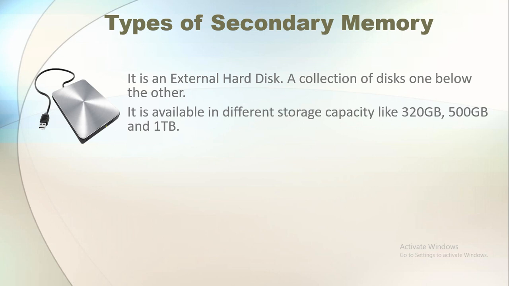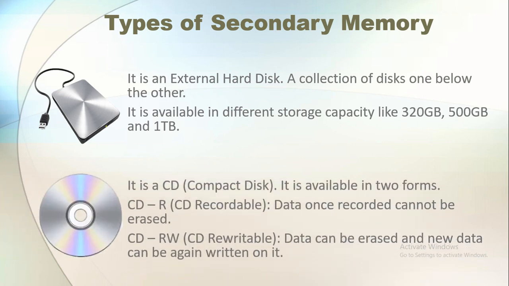It is available in different storage capacity like 320 GB, 500 GB, 1 TB, etc. It comes in such a huge capacity, means it can store a huge amount of data.